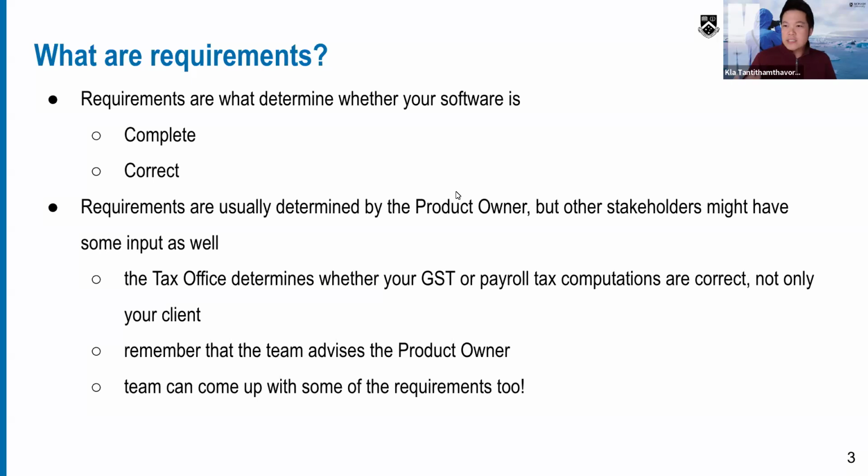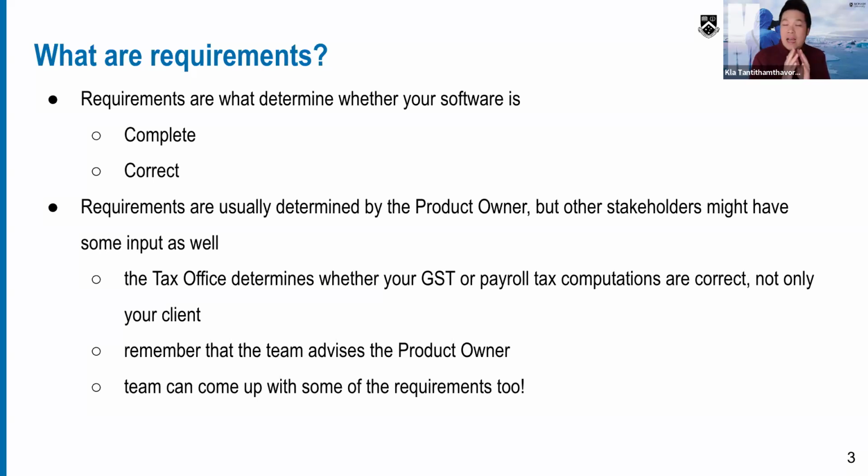Just to recap a little bit: last week we talked about requirements, and the requirements are what actually determine whether your software is complete and correct or not. Let's say we develop one piece of software, and the client asks whether we have developed everything based on the requirements they gave us, and whether everything we developed is correct.